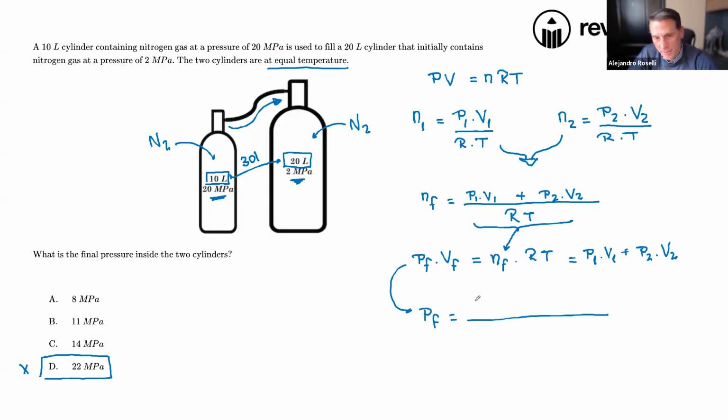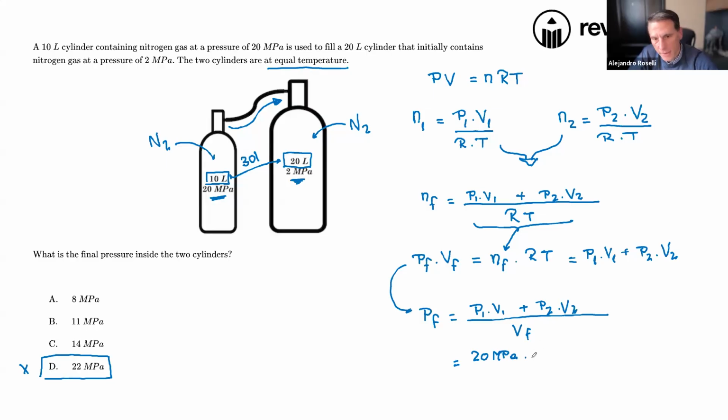This problem was, of course, much harder than all the previous problems that we did. So we'll get P1 multiplied by V1 plus P2 multiplied by V2, divided by the final volume, which will be 30. Let's just now put some numbers into the expression. Pressure of the first cylinder, 20 megapascals.